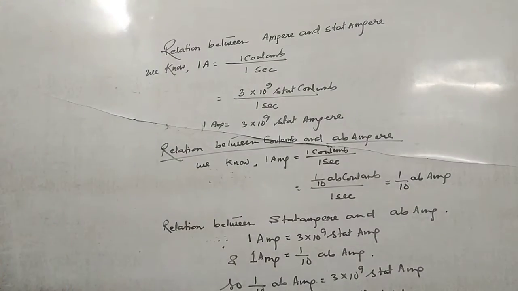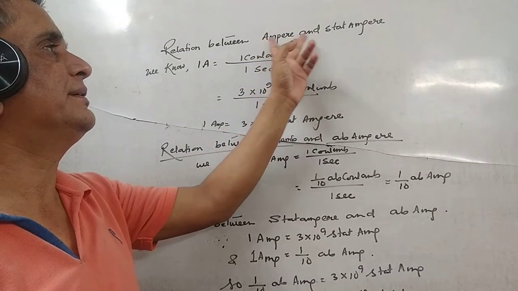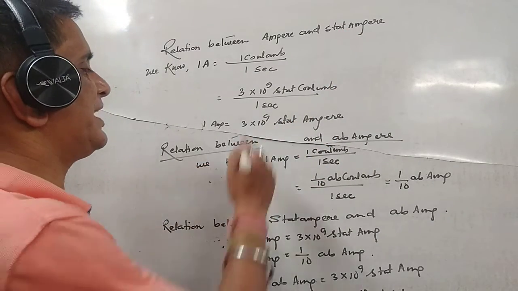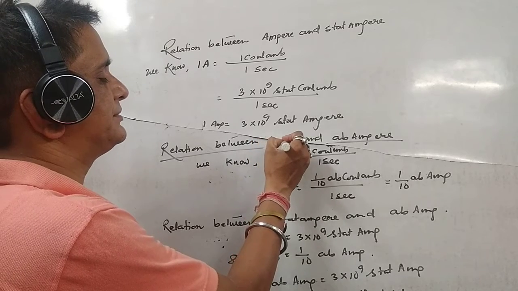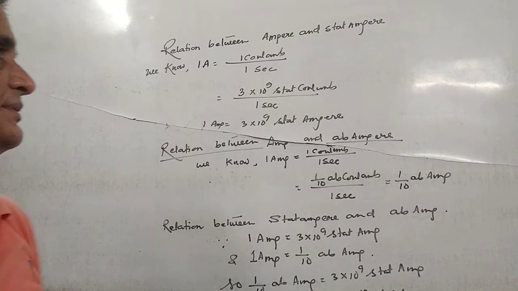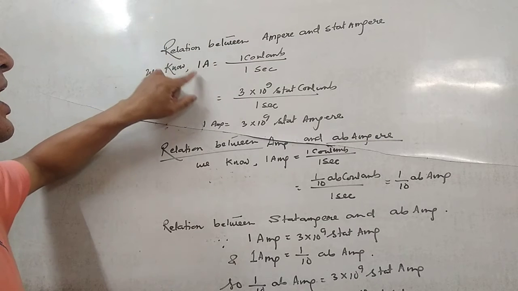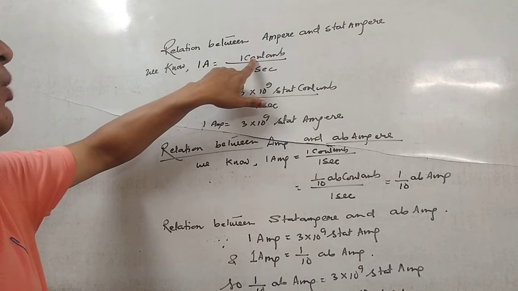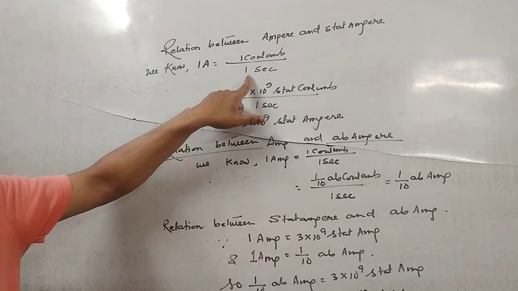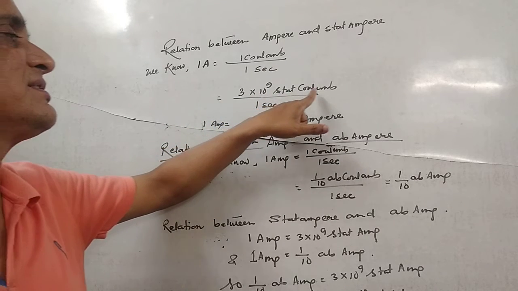Now we are going to discuss the relation between ampere and stat ampere, then the relation between ampere and ab ampere, and the relation between ampere, stat ampere and ab ampere. First, ampere and stat ampere. We know 1 ampere equals 1 coulomb by 1 second, and 1 coulomb is equal to 3 into 10 to the power 9 stat coulomb.